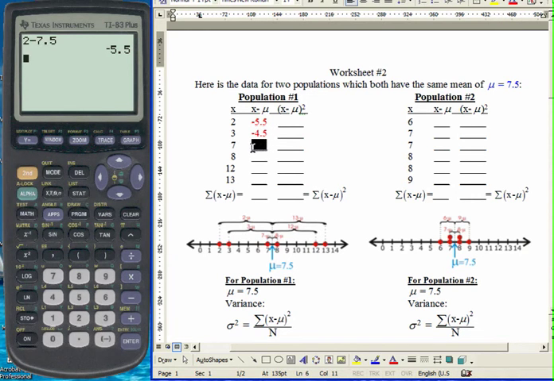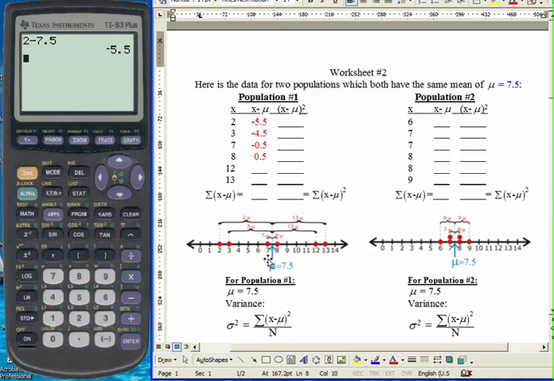And our next one, what is 7 minus 7.5? A negative 0.5. Oh, here, let me make that red so it looks like all my other answers. And what is 8 minus 7.5? Well, notice that is a positive 0.5. Now, let's make a note here. Why is this one positive while these were negative?